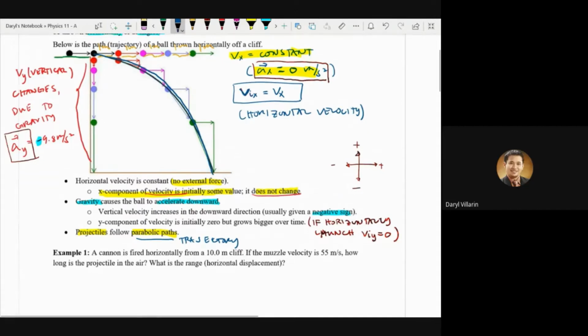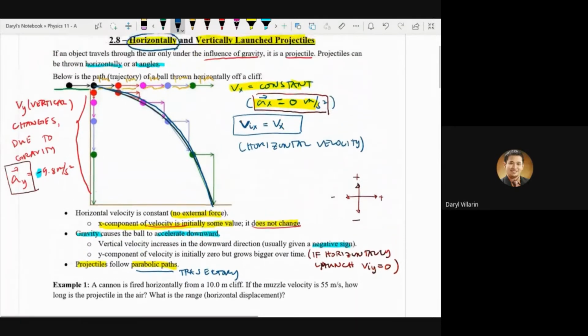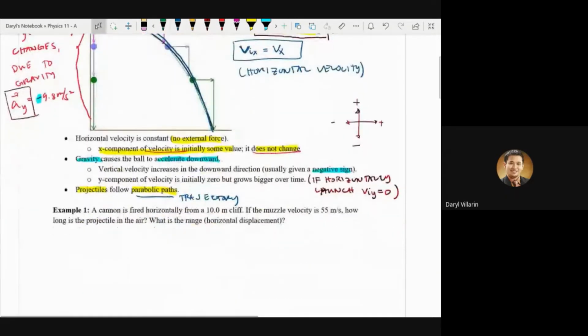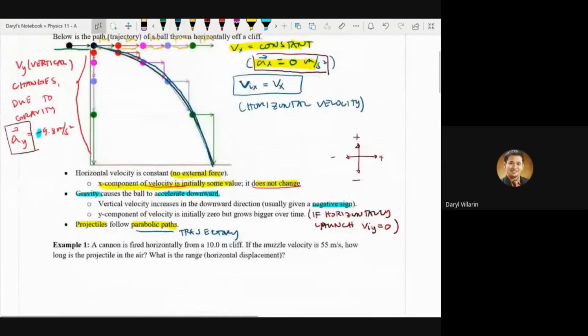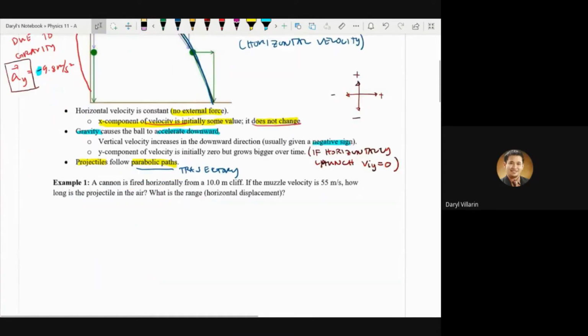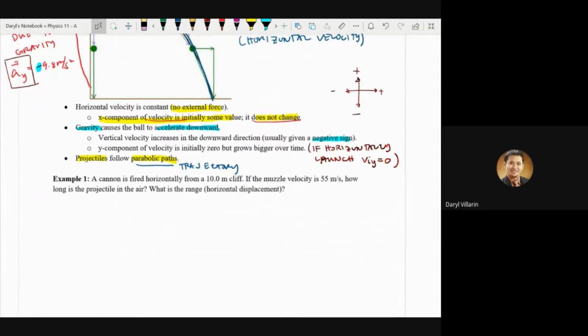So again, just remember that for horizontally launched projectiles, it has both Vx and Vy components. So you now have two dimensions there. But try to remember, just like what we did in two-dimensional vectors, the y component and x component are independent of one another.